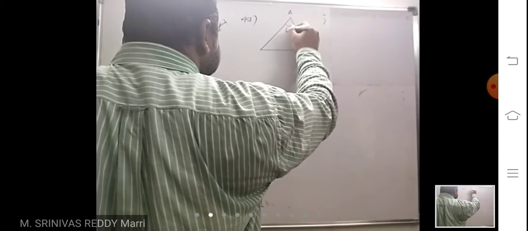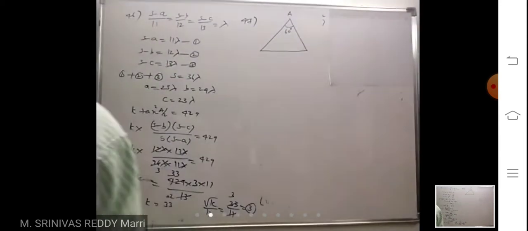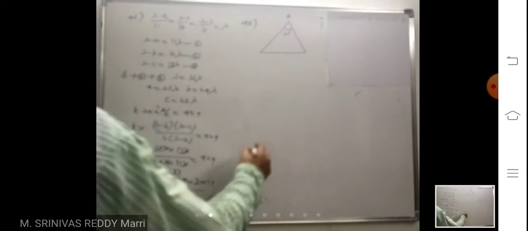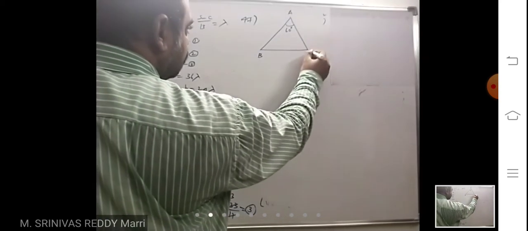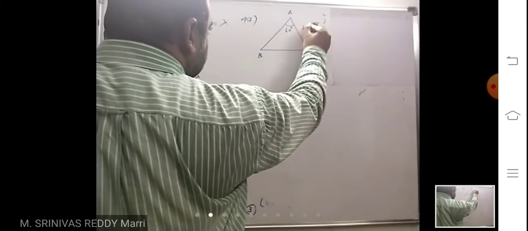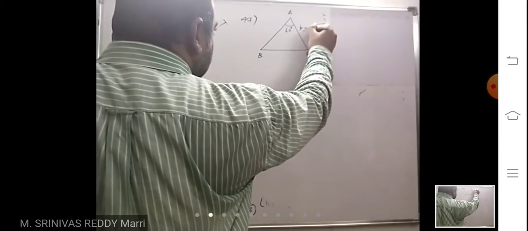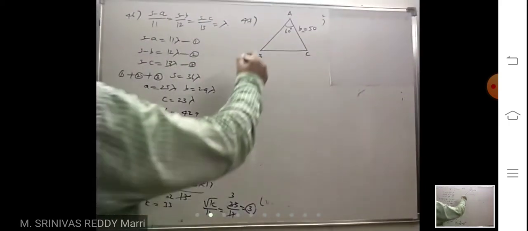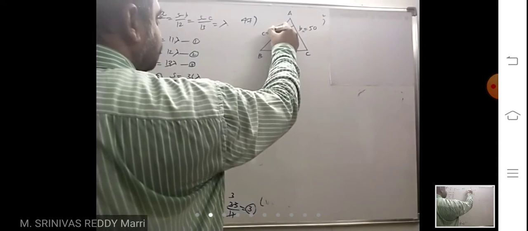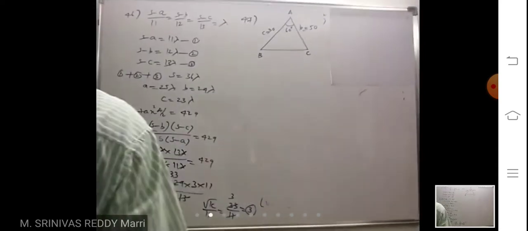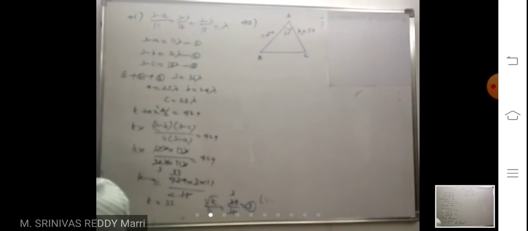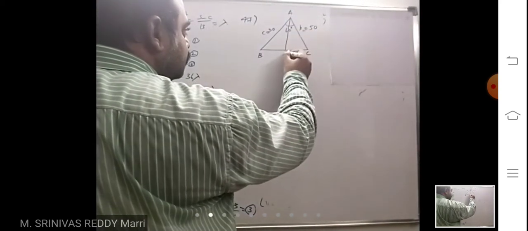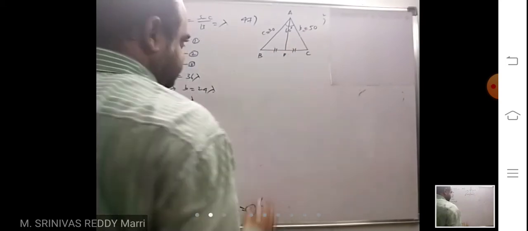Angle A is 60 degrees given, and B is 50 given, and C is 30. AD is the median passing through A. So this is the median.